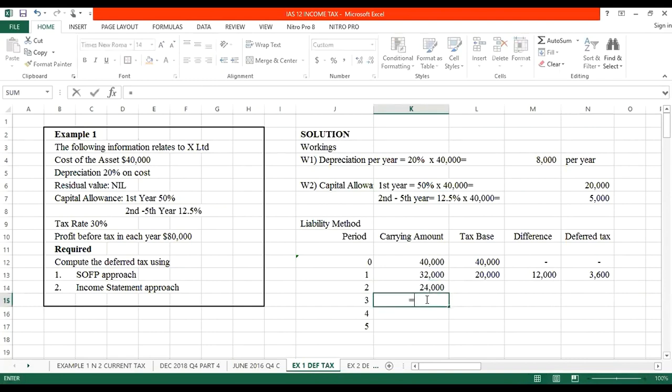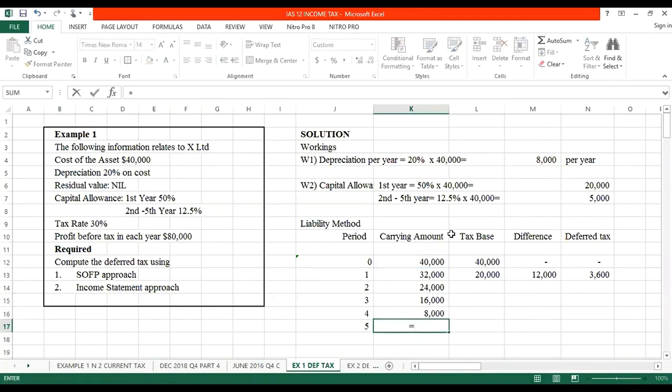The next one, year 3, carrying amount is cost of the asset minus depreciation year 1 minus depreciation year 2 minus depreciation year 3. It gives you 16. Like that. Year 4 is again cost of the asset minus depreciation year 1 minus year 2 minus year 3 minus depreciation year 4.